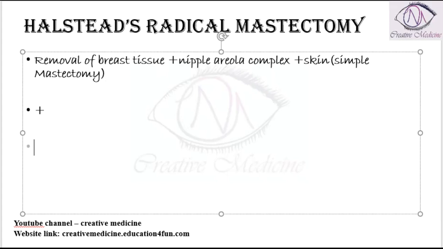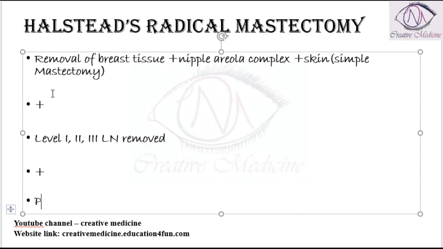Along with that, we will also remove the level 1, 2 and 3 lymph nodes. Again, pectoralis major is removed and also pectoralis minor is removed. That is Halsted's radical mastectomy.